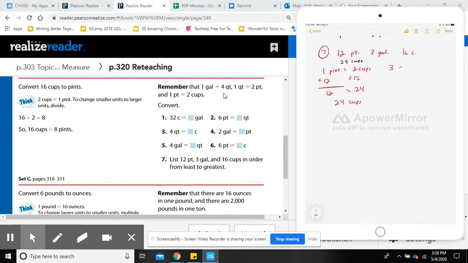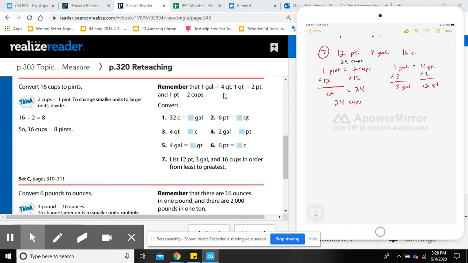If we have 3 gallons, I'm sorry, if we have 1 gallon, 1 gallon is equal to 4 quarts. So then we need to convert this into 3 gallons. So then times this by 3 as well, and we get 12 quarts.